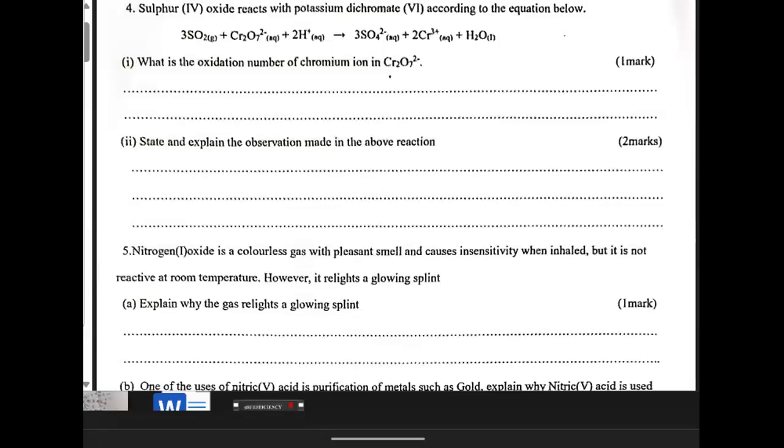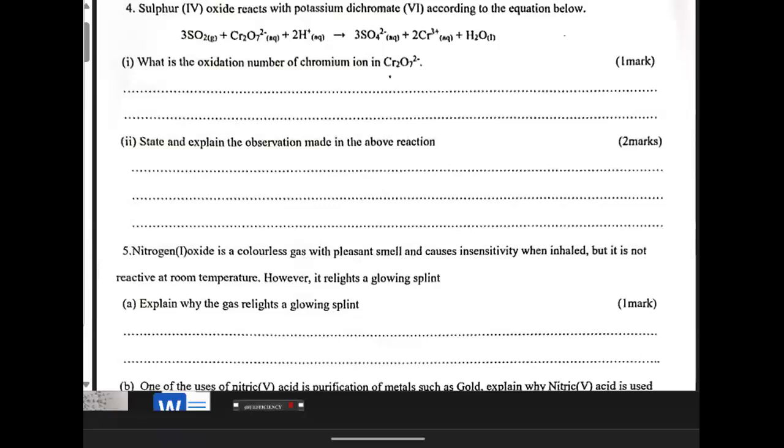Then the other product is the sulfate ions, and the other product is water. In that type of reaction, as you can see, the SO3 has become SO4. So that is oxidation. The dichromate 6 plus 6 has become plus 3 on the product side. That is reduction. Therefore, that is a redox reaction.